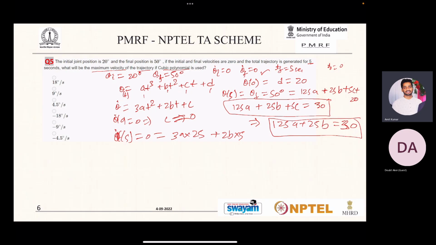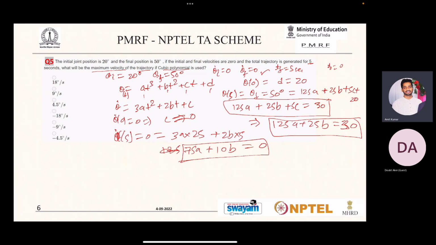So we'll get 75a plus 10b equals 0, right? So these two equations we can solve to find a and b, and we know that c is 0 and d is 20, and then we can have this polynomial.